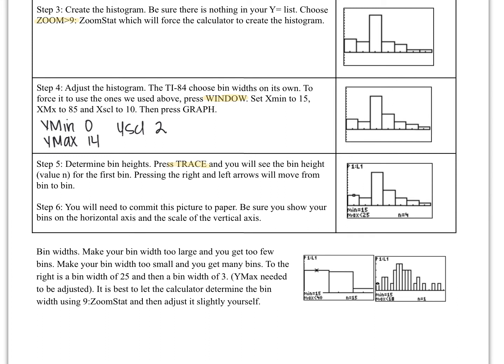So in the picture here, the left side has a width of 25, which would make only 3 classes, while the right has a width of 3, giving us way too many. So the best way to start is by doing zoom 9 and then going into window and making adjustments as needed.